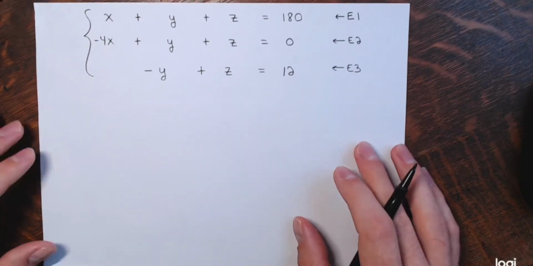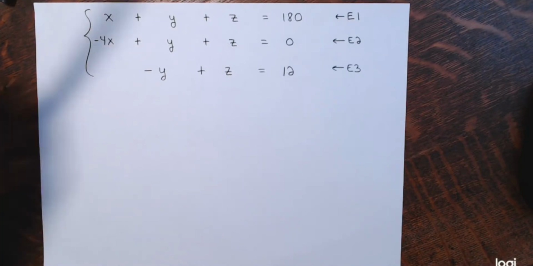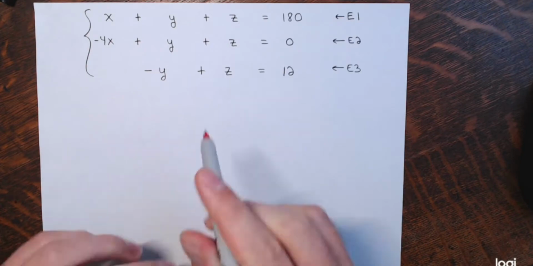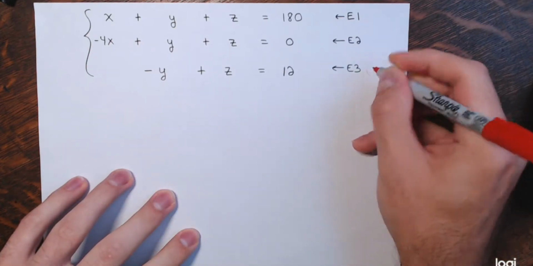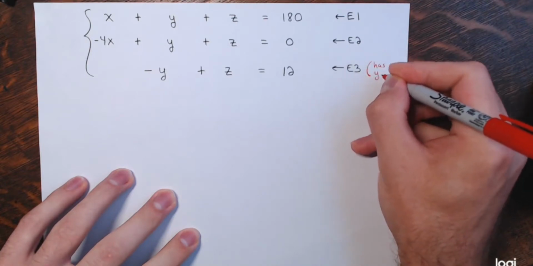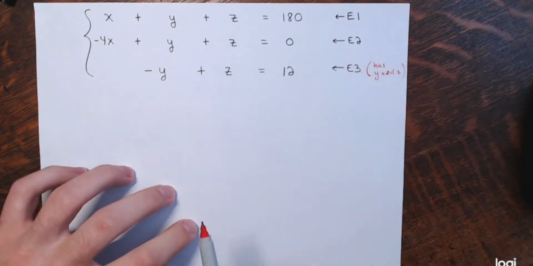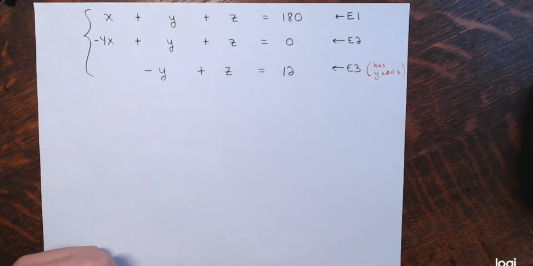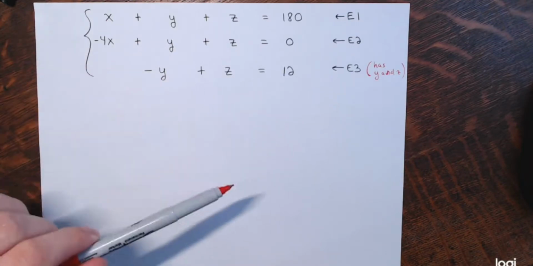Alright, so notice that equation E3 already has only two variables, right? This has just y and z. Alright, so what I want to do now is take the first two equations. I'll keep the third one the way it is.